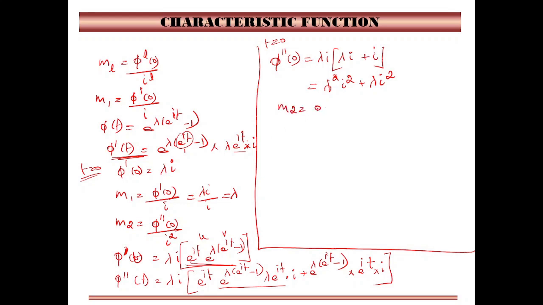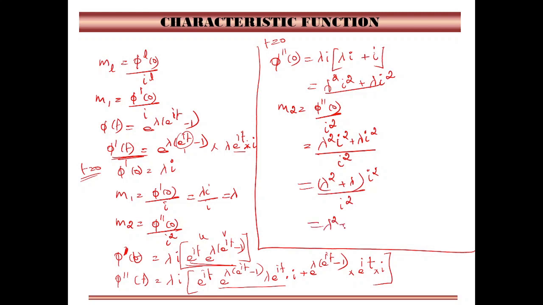Therefore, m2 is equal to pi double dash of 0 by I square. Now we substitute lambda squared plus lambda I square by I square. So I square will get cancelled by I square, which is equal to lambda squared plus lambda.